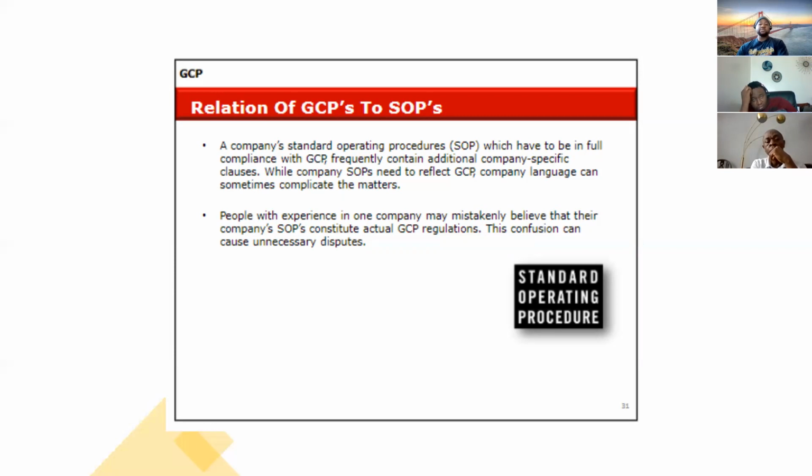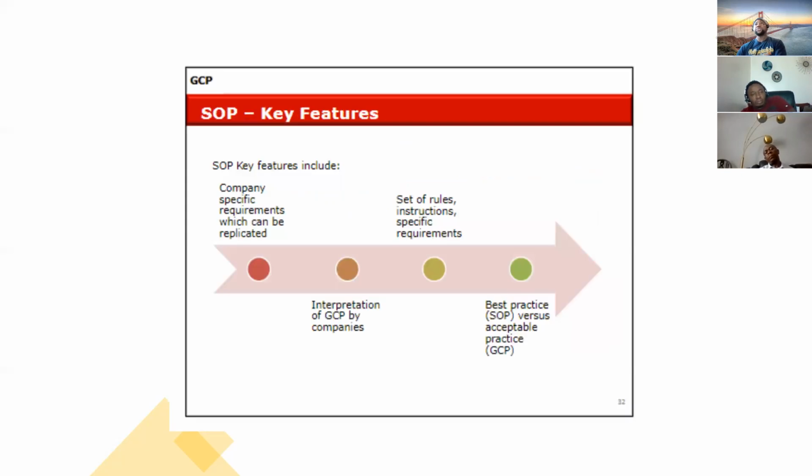But sometimes some sites have confusion between what's a GCP and what's actually an SOP. But there's usually a cut line between what GCP regulations are applicable to, and what the SOP constitutes it to be.